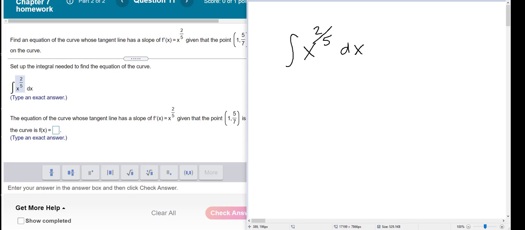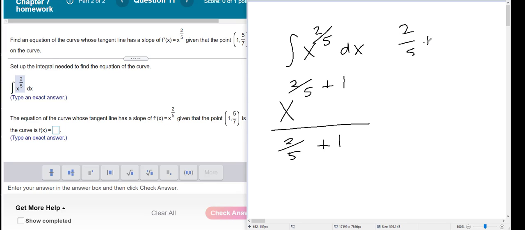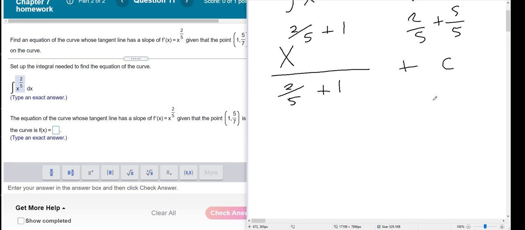We do that by adding 1 to the power and dividing by that value. Well, 2/5 plus 1 would be 2/5 plus 5/5, right? And there's always going to be this plus c, but we'll get to that in just a minute. So it's going to be x to the 7/5 divided by 7/5 plus c.